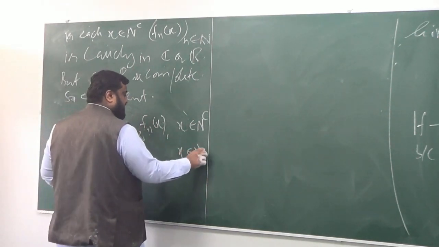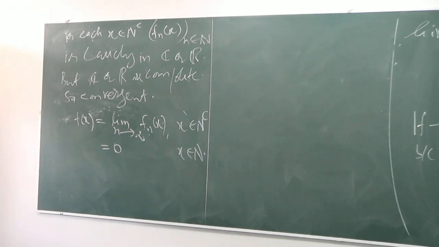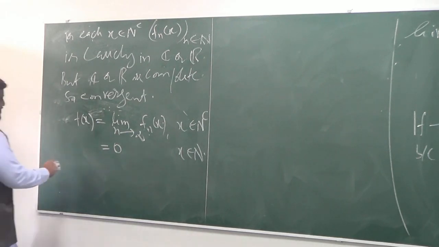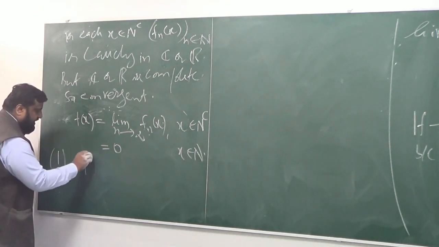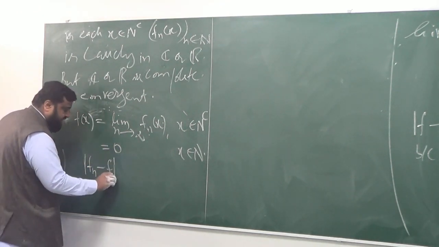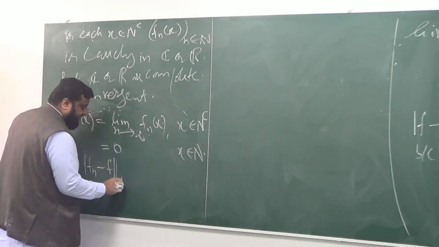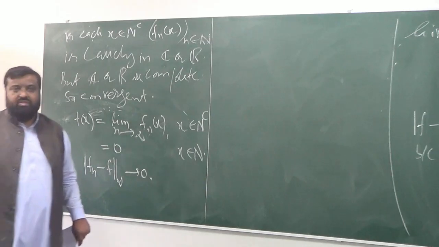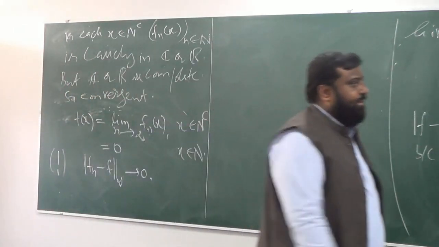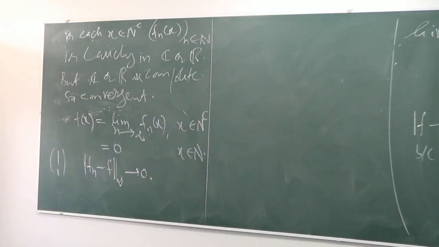Just assign it to 0. And then show it for yourself that the L infinity norm of Fn minus f is this.